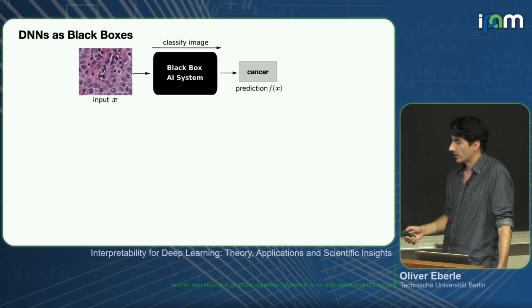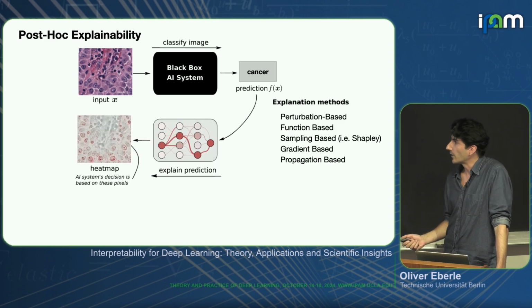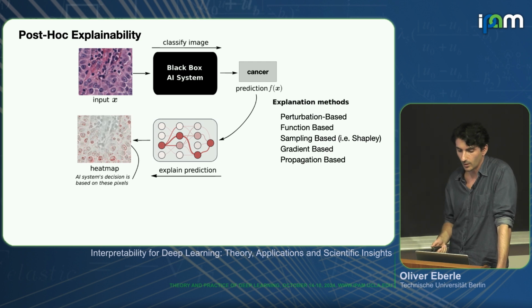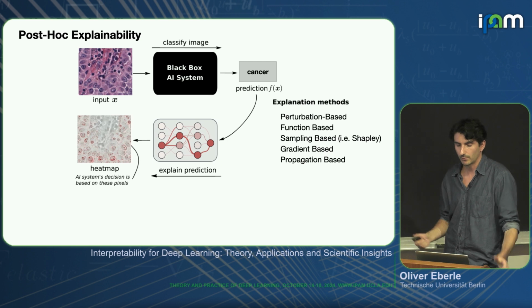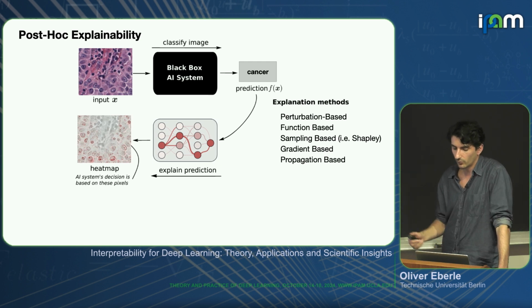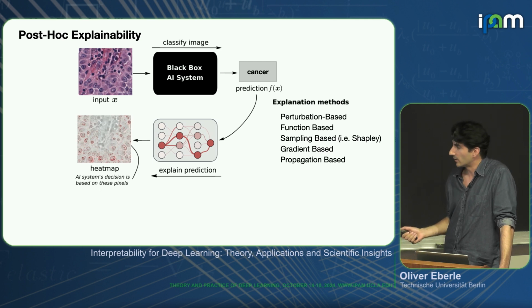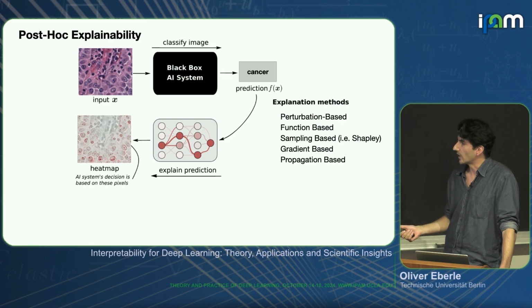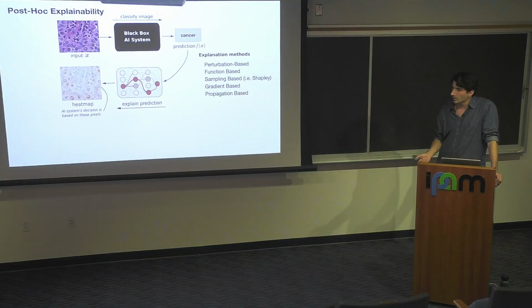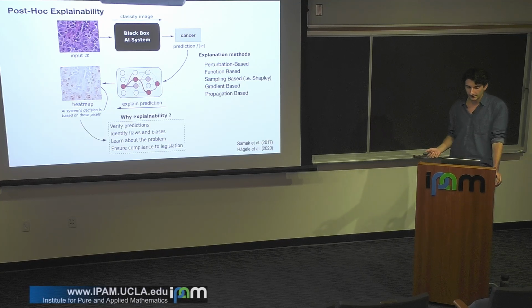The field of explainable AI tries to resolve this problem by propagating back through these networks and giving you heat map type attributions that tell you why a certain system made this decision. This field is quite big by now; it grew pretty much in parallel to deep learning as a field, and it came up with a zoo of different methods for achieving these heat maps.